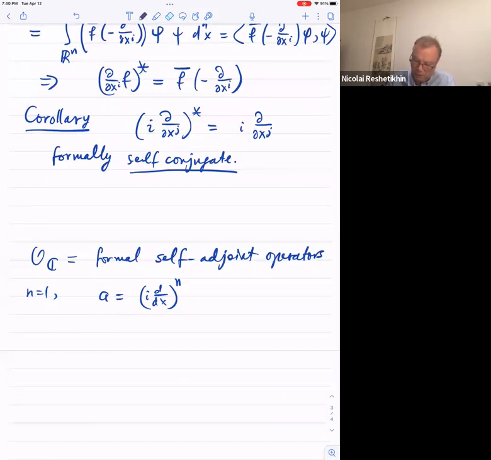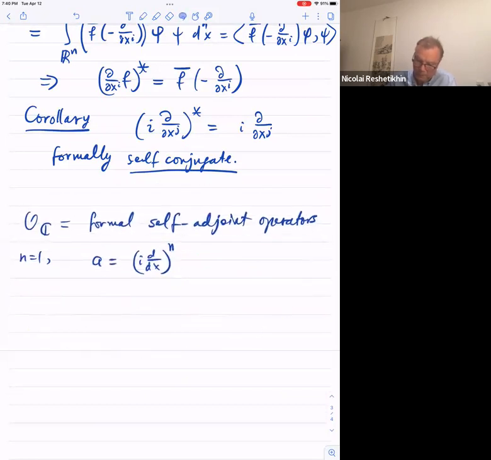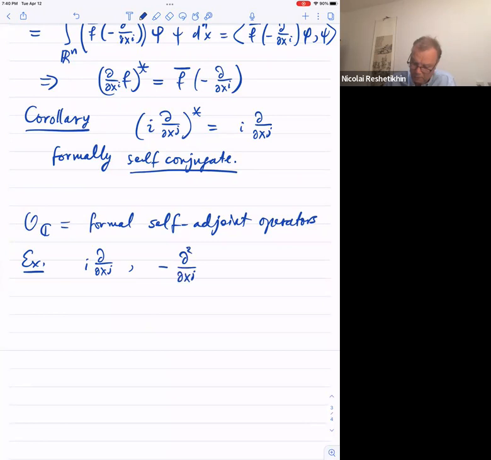So this is the star involution. And then our observables are just formal self-adjoint operators. For example, i ddxj is self-adjoint, minus this differential operator plus any multiplication by a real valued function is self-adjoint.